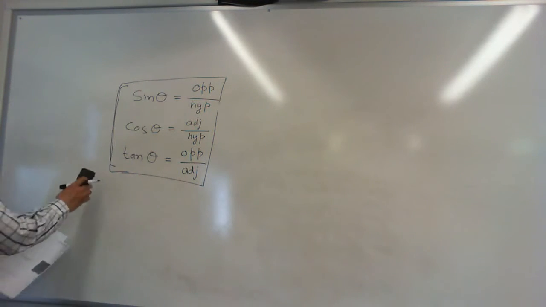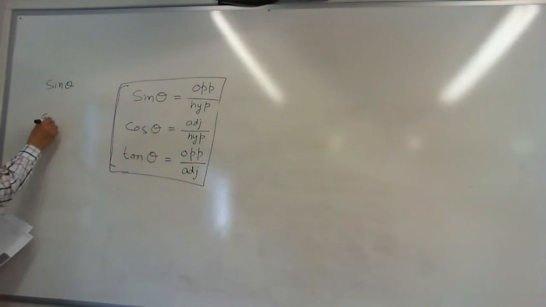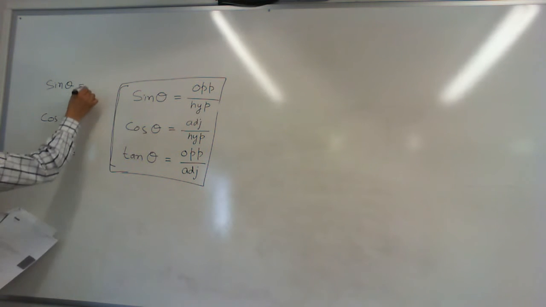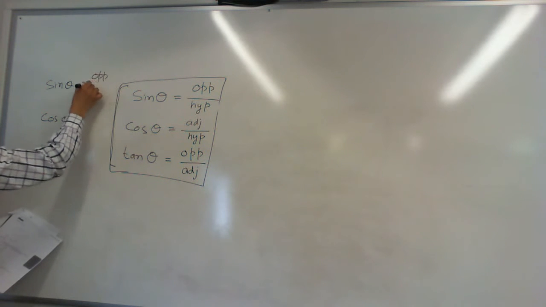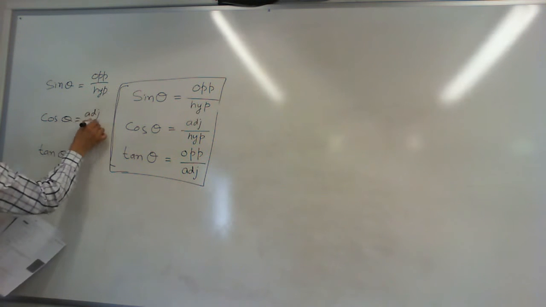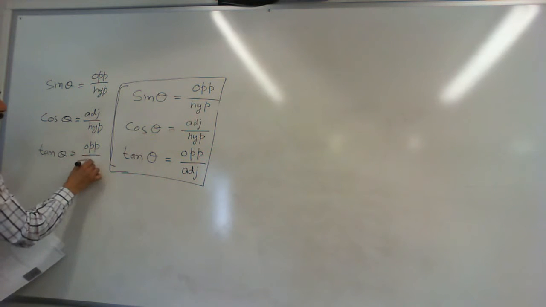Let me write this thing first. Because we are going to use them again and again, I'll write them down here. Sine theta, cos theta, and tan theta. This is opposite over hypotenuse, adjacent over hypotenuse, and opposite over adjacent.